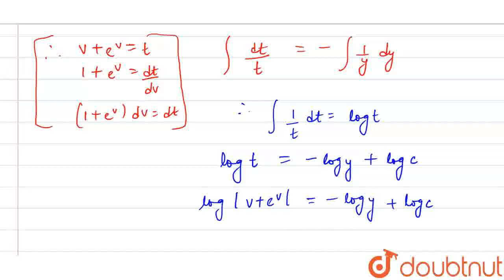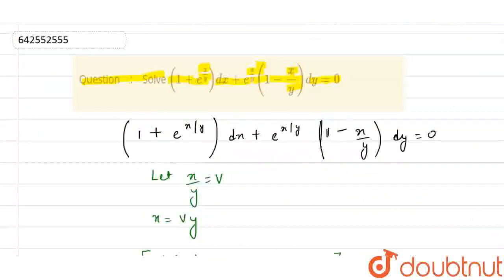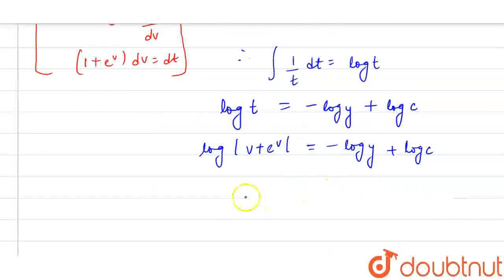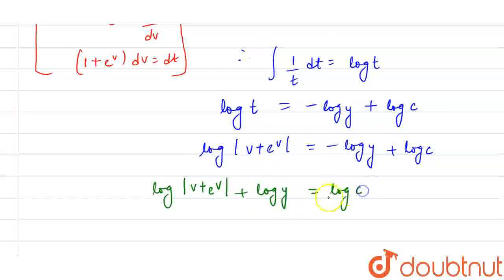We know that v equals x by y, but before that, if we take this log y to the other side, it becomes plus log y, equals log c. Now we know another property of log: log a plus log b equals log of ab.